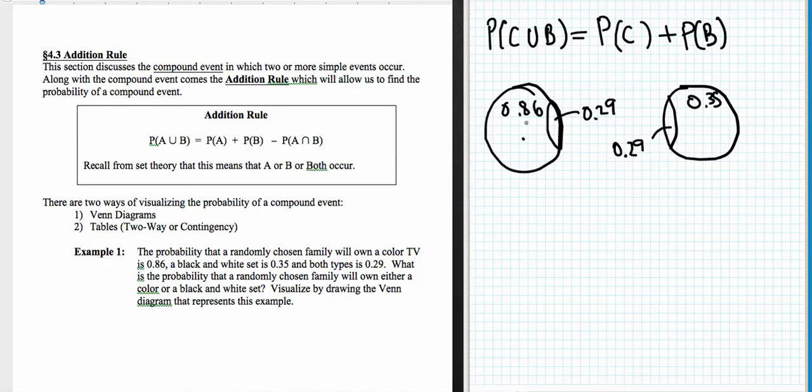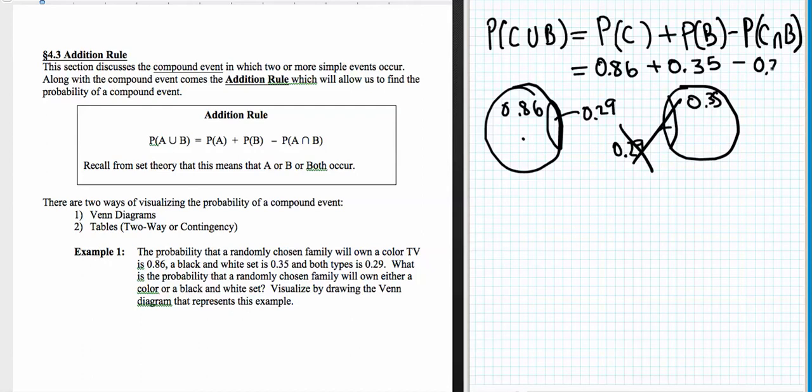We're going to have this one plus this one, but then we need to subtract out the probability of C and B so that we get rid of one of these double counts. So now it's only counted one time and not twice. So this looks like 0.86 plus 0.35 and then minus 0.29. And so now we see the true probability.